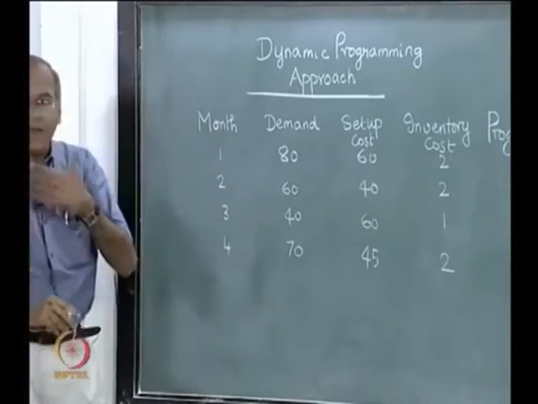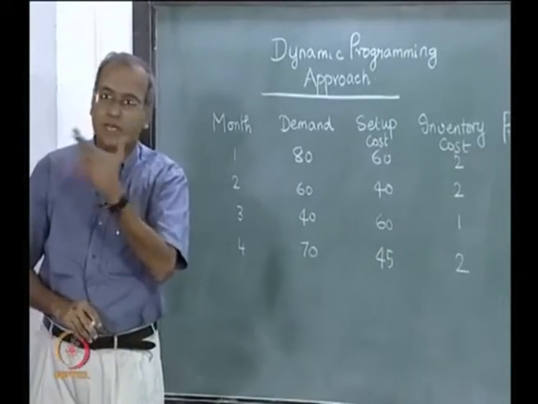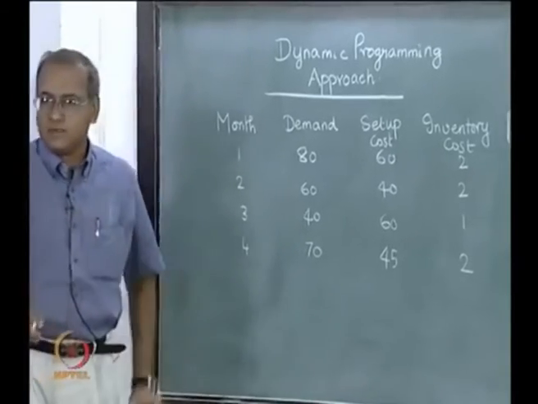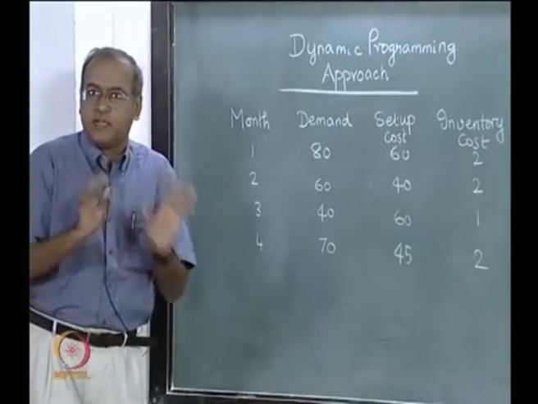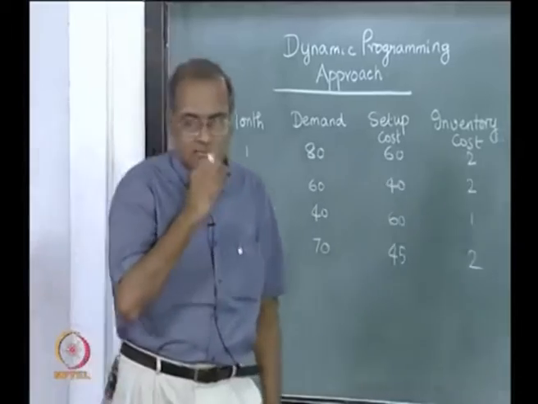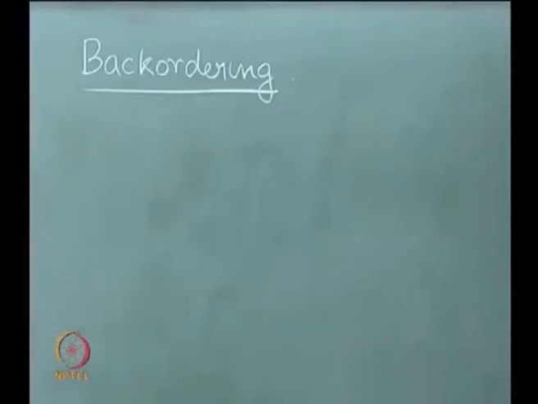So, considering back ordering throws open a lot more scenarios than we can think of. But then we also have to include a back order cost. So, let us not spend too much time evaluating all possible scenarios, but let us try and understand one or two scenarios. So, let us include a back order cost which comes here. Now, let us consider the back order cost as 1, 2, 1 and 2.